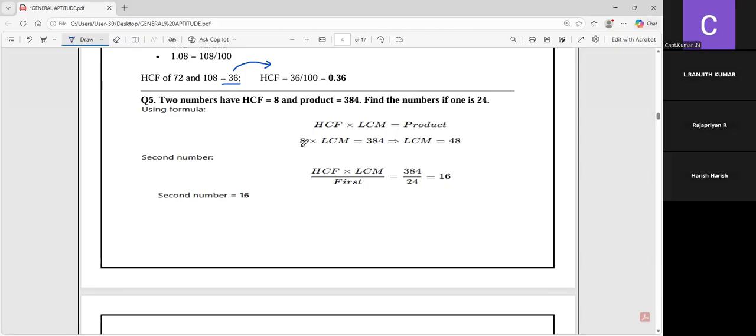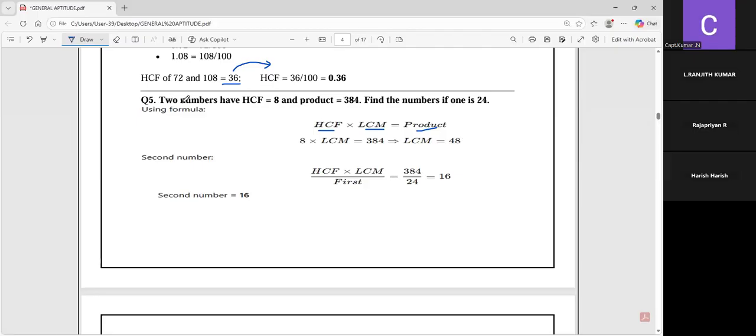Okay, so we are going to follow a formula. What is the formula? HF and LCM. We are going to multiply these two: the HF of the two numbers and the LCM of the two numbers, or three numbers, whatever it is, equals the product. See the problem.